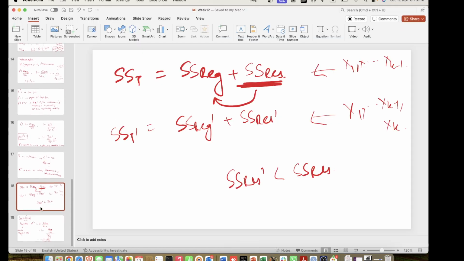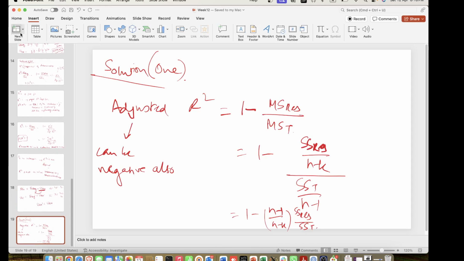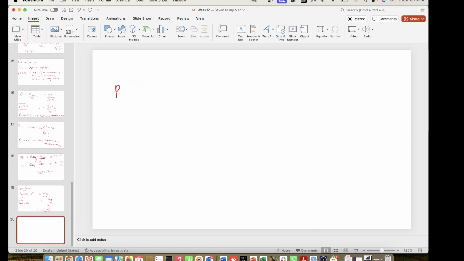So here the p-value is the probability that F is greater than F observed, and that is F with k minus 1 and n minus k degrees of freedom.